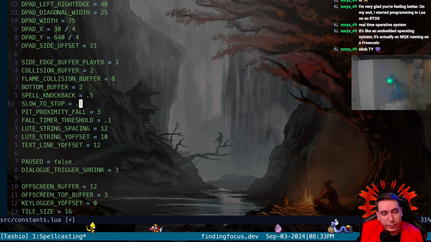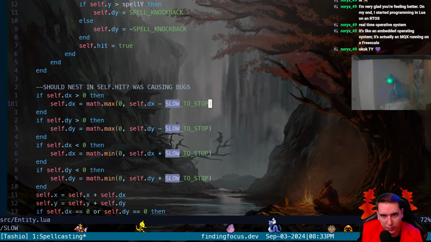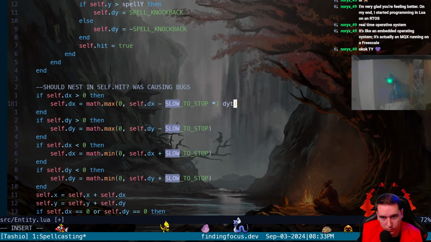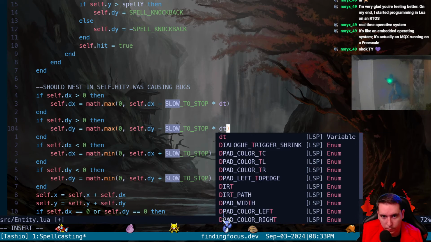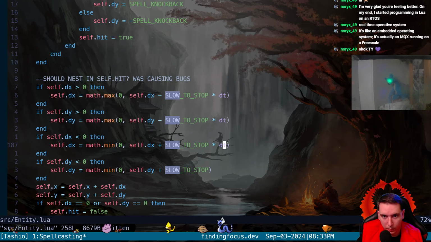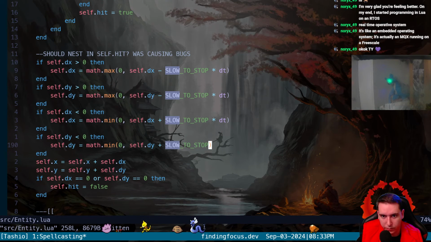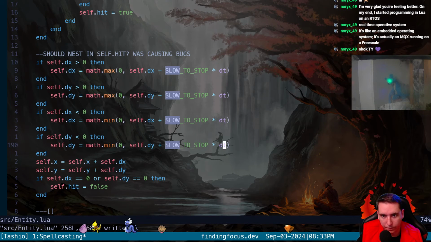I don't know what we do here. This should be the answer. Because the value we're adding here is just a constant, like 1, for example, for the slow to stop.